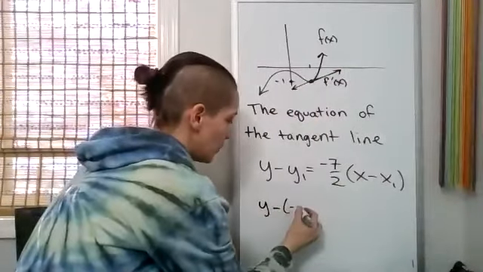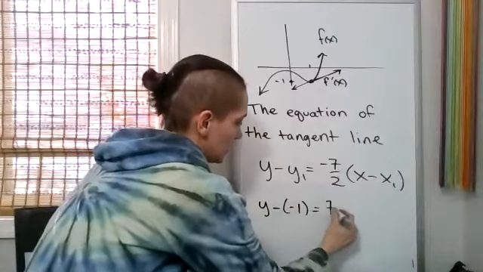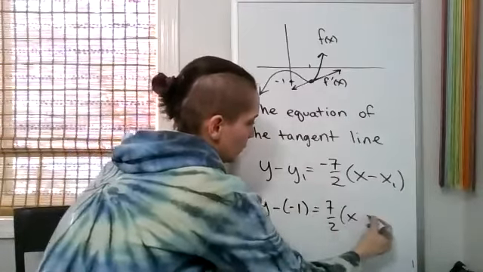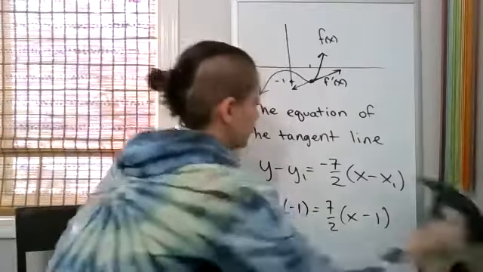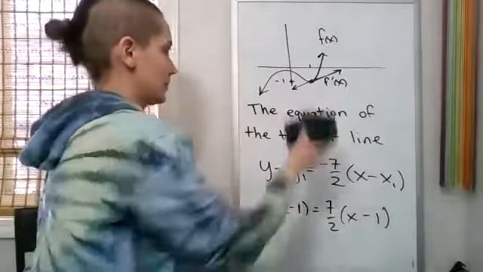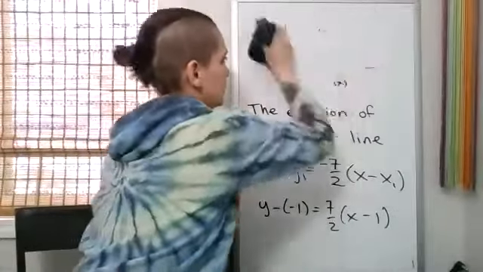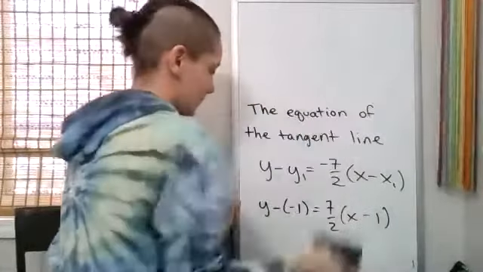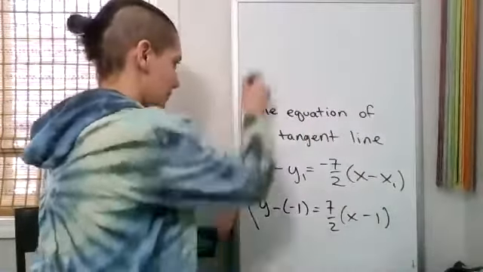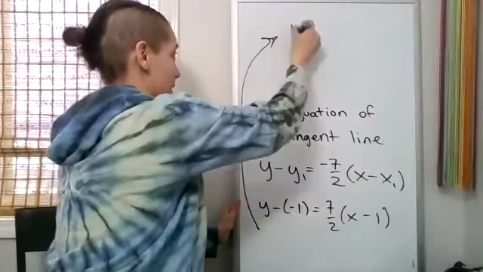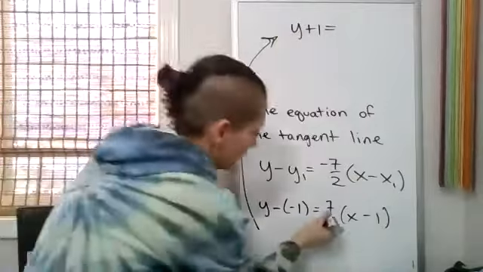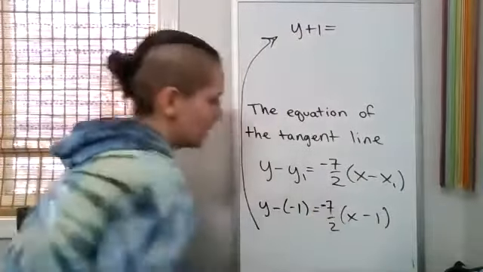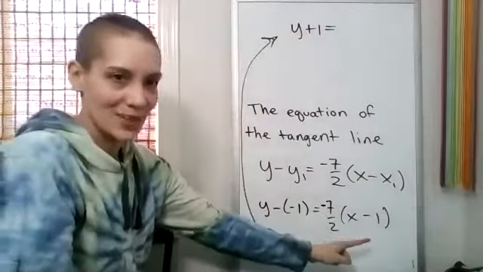Negative 1 for y, and x was 1. Negative 7 halves x plus 7 halves.